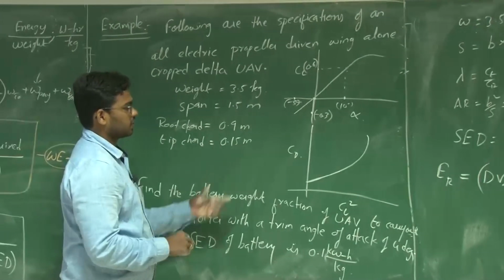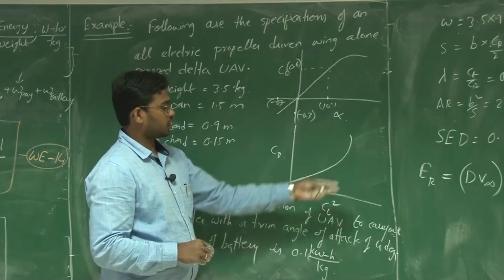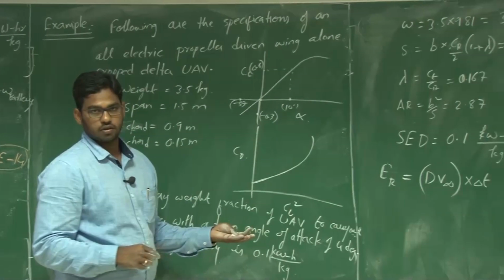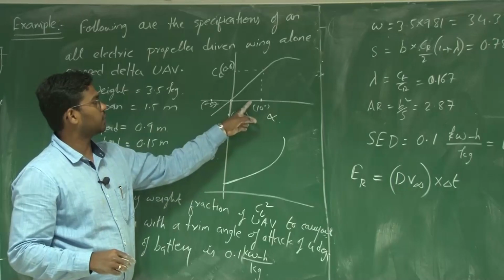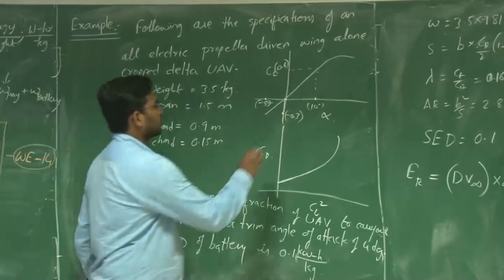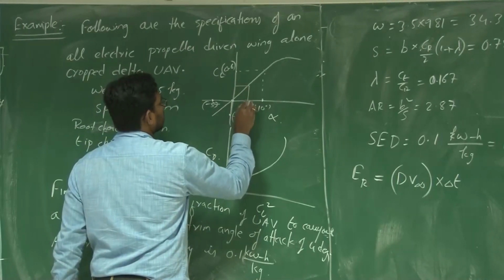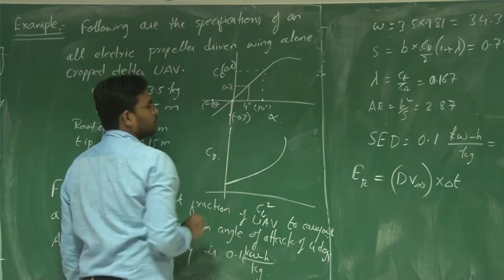we can also consider the other case, like what is the L by D for this particular configuration, or if you know the CD here, since at alpha equal to 4 degrees you will know the corresponding CL, which is 0.2 approximately.